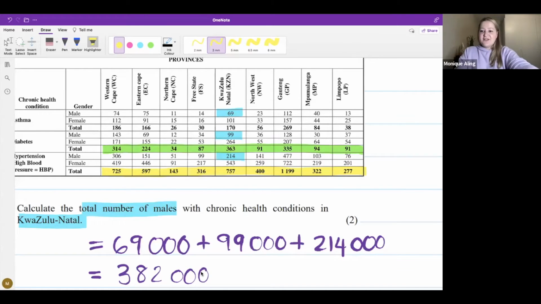Lufuno, you're on fire tonight. Sheesh, look how quick you are. That is amazing. Well done, for the hypertension category.